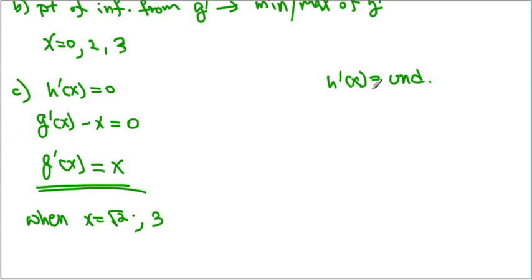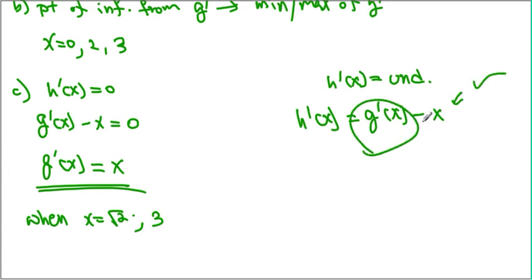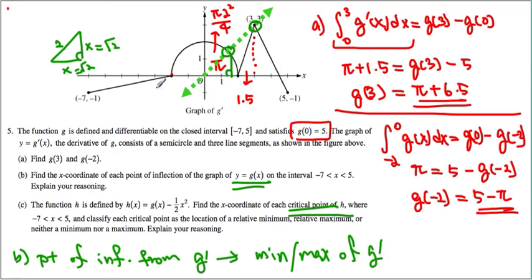Now, when do you have this one not being defined? That means h prime of x is equal to g prime of x minus x. This second portion is always defined. That's always okay, but there are a few locations where g prime may not be defined. Let us look into that, to see if there are any points like that.